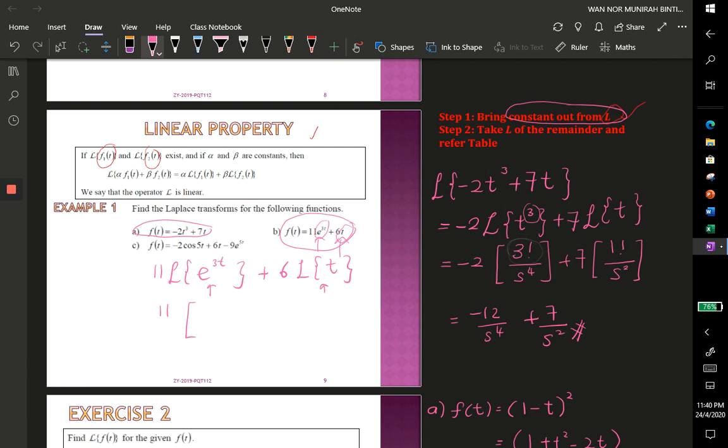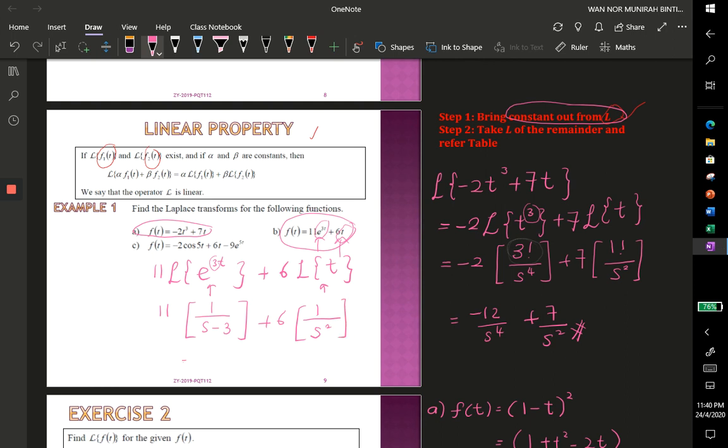Your a here is 3, so you have 1 over s minus 3. Plus 6 times t, which is t to the power of n, so n equals 1. So you have 1 factorial, which is 1, over s to the n plus 1. n is 1, so you have s squared.